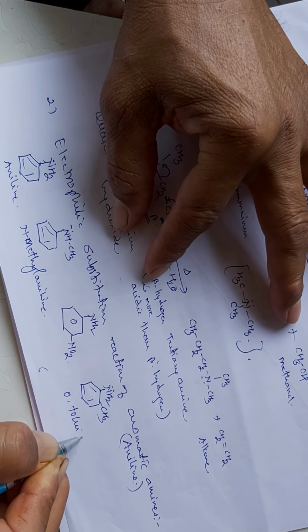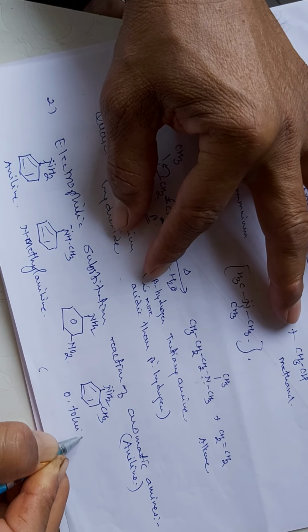And that's why when aniline undergoes electrophilic substitution reaction, this is the resonance hybrid structure of aniline, where the negative charge is being delocalized over the ring.